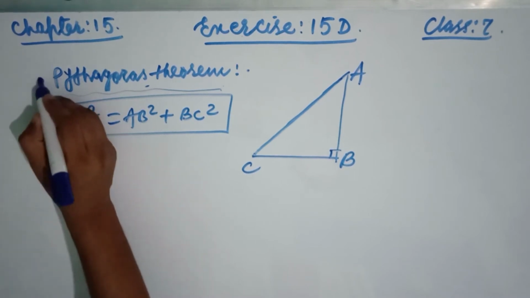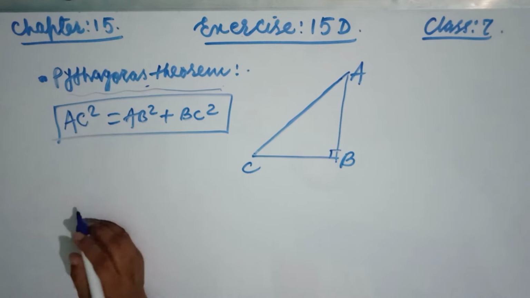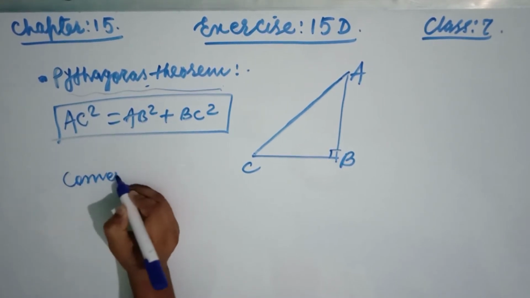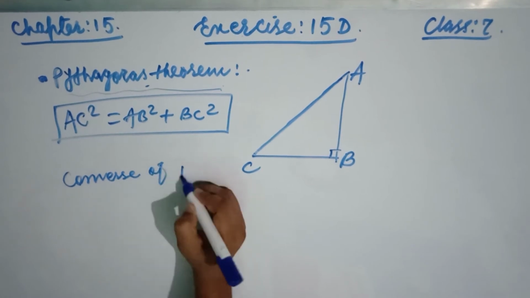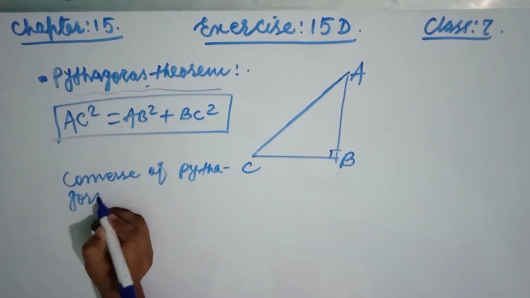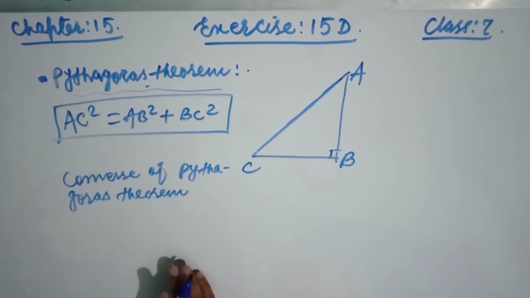and the reverse of Pythagoras theorem is also true. That means friends, the reciprocal of Pythagoras theorem, that is called the converse of Pythagoras theorem. Now second means converse of Pythagoras theorem. So what do you mean by, friends, converse of Pythagoras theorem?